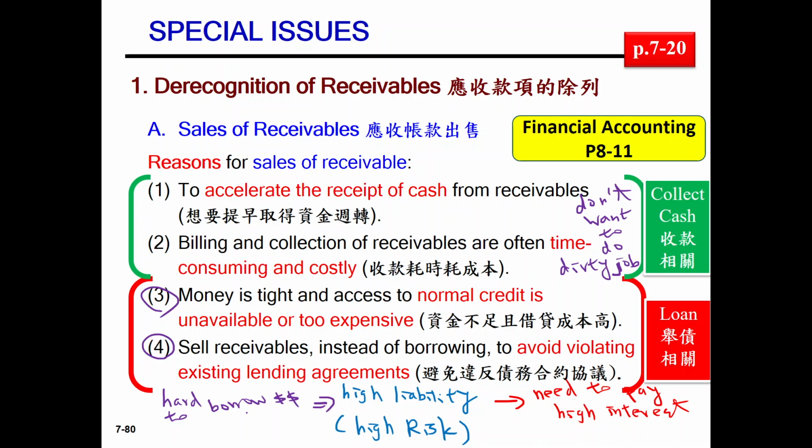So your creditors don't allow you to borrow money anymore, okay? Because you would violate the contract, and the contract mentions what liabilities you could have. So your creditors don't allow you to do that.